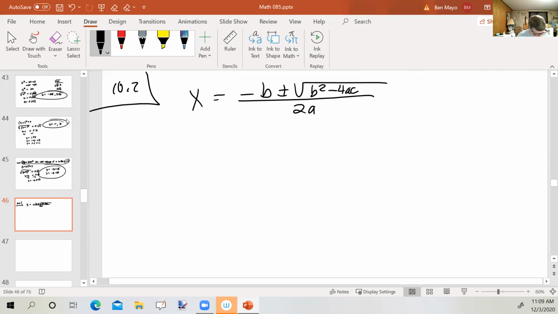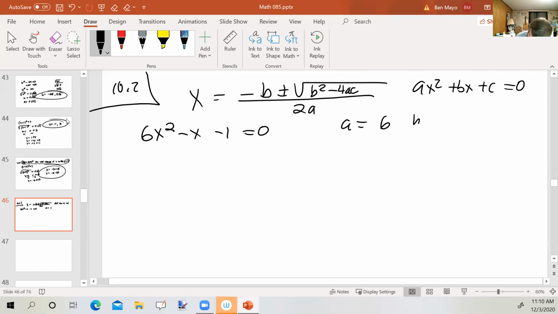Well, let's say we've got the following equation. 6x squared minus x minus 1 equals 0. This is in standard form. That's ax squared plus bx plus c equals 0. So a is 6, b is the implied negative 1, and c is also negative 1.